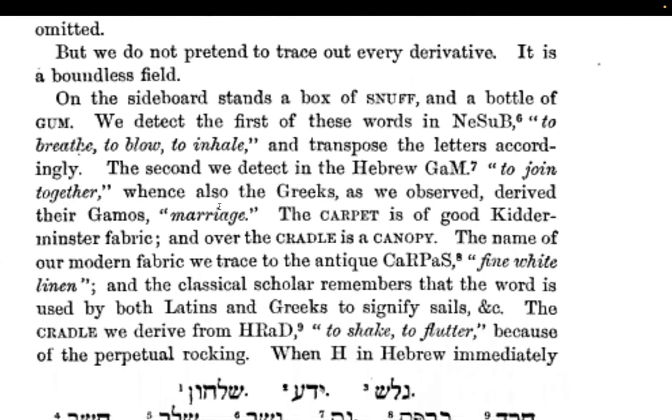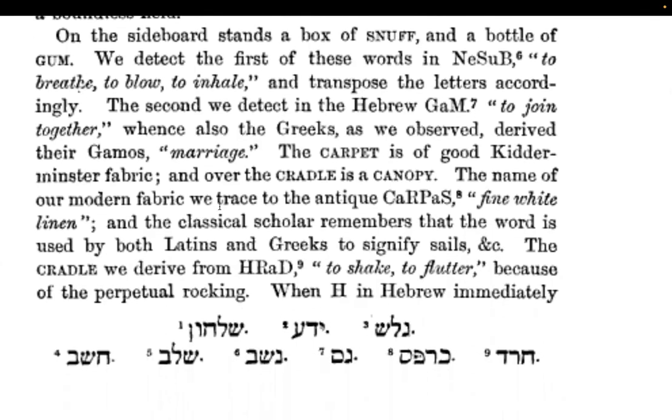On the sideboard stands a box of snuff and a bottle of gum. We detect the first of these words in nesnub or nesub, to breathe, to blow, to inhale, and transpose the letters accordingly. The S N U B, and that becomes an F, snuff, right?